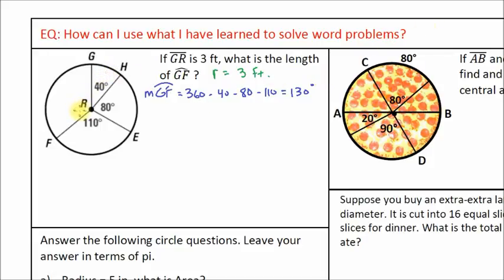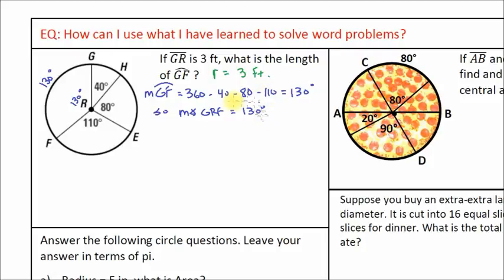So we know that the measure of arc GF is 130 degrees. And if the measure of arc GF is 130 degrees, then the measure of the central angle, angle GRF, is also equal to 130 degrees, because the properties of central angles tell us that.